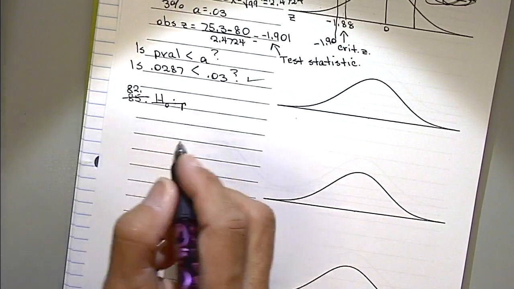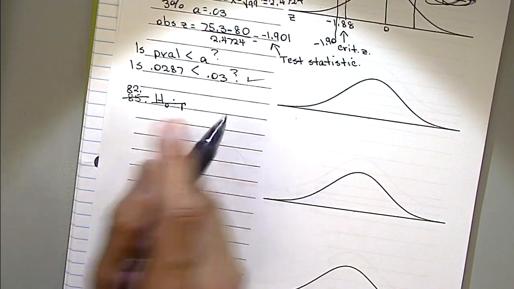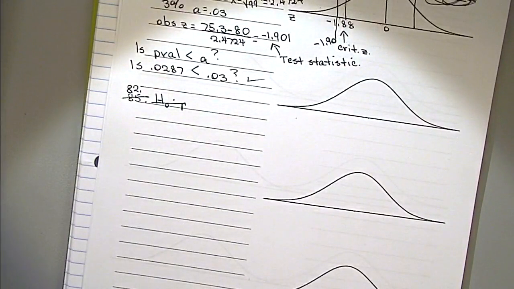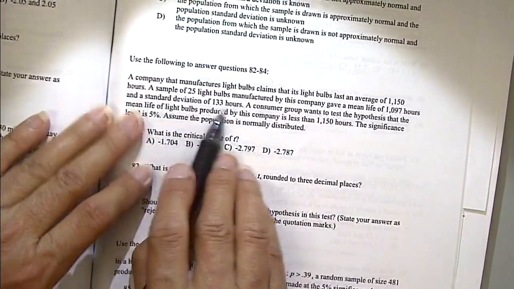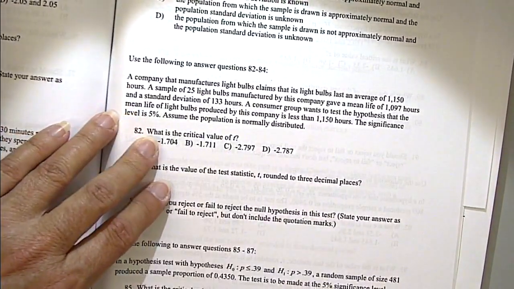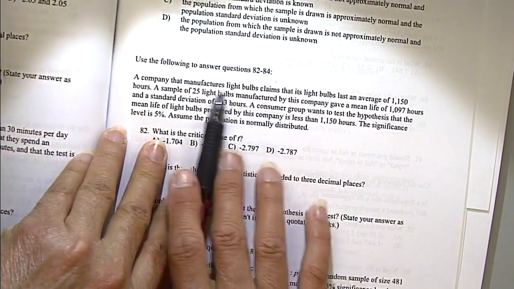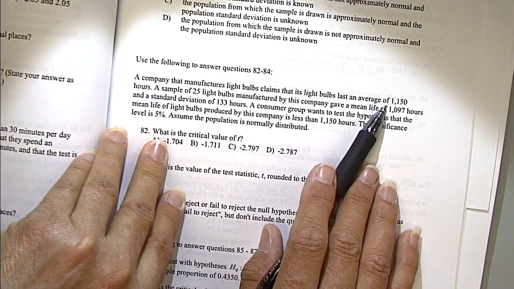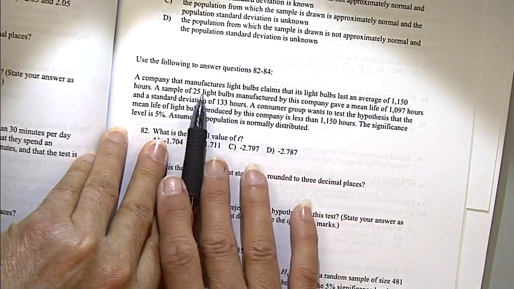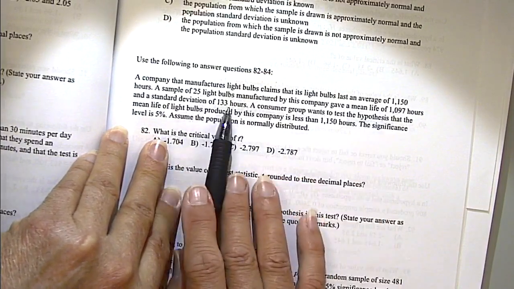the company that manufactures light bulbs claims that its light bulbs last an average of 1150 hours. And they have a sample of 25 light bulbs, and they gave a mean of 1097 hours with a standard deviation of 113. I just want to point out how to pick this out of this problem real quick, okay? The company claim is what goes in the hypothesis statement, okay? 1150 is what they claim. The sample of 25 gave the sample mean of 1097 and a sample standard deviation.